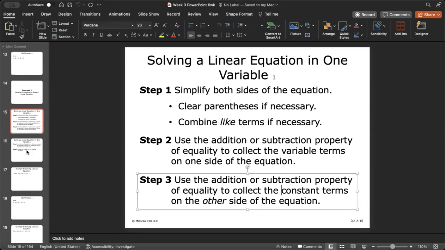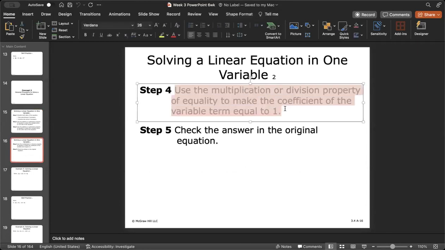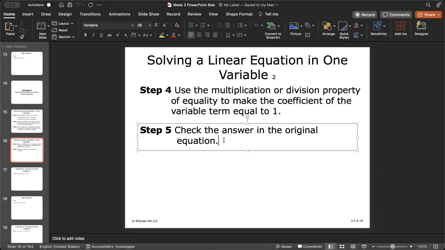That's what step 3 is. And then once you finish that up, use the multiplication or division property to get rid of the value in front of the variable to get the coefficient in front of the x to be 1, and you're there at the solution.